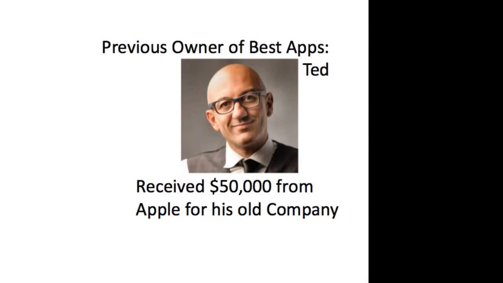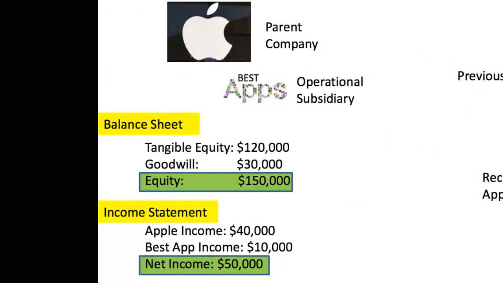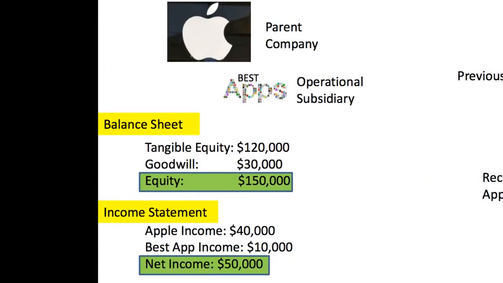He no longer has anything to do with Best Apps. But what happens is Best Apps now falls under their parent company, which is Apple, and Best Apps is now listed as an operational subsidiary because it's non-operational if it's less than 50% ownership. But in this case, Apple bought 100% ownership of this business, so it's listed as an operational subsidiary.